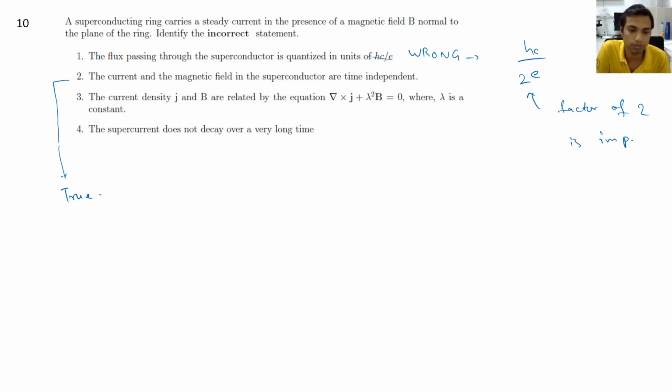The current density and B are related by the equation curl of J plus lambda square B is equal to constant, where lambda is a constant. So this is nothing but your London's equation. So this is correct.